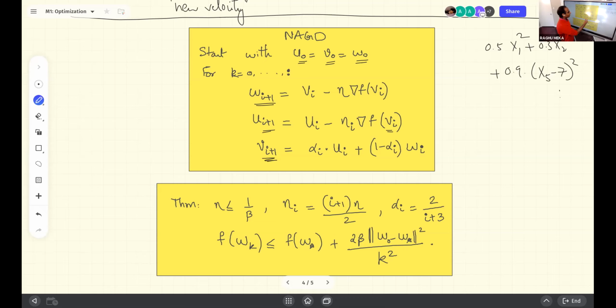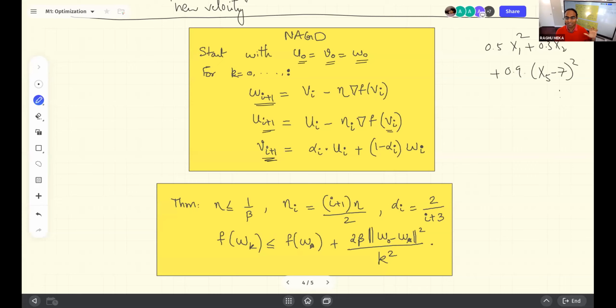It's a convex combination of these 2 points. So vi is a convex combination of momentum and your previous velocity, and then you take a step along the direction and compute the gradient at this point, and then you do something else. As I said, it's very mysterious how we came up with these 3 equations, but it's amazingly powerful.